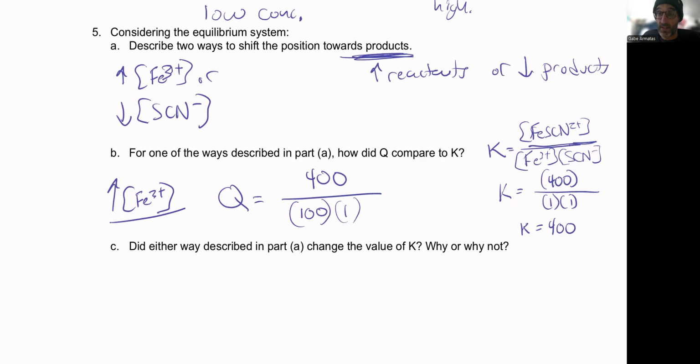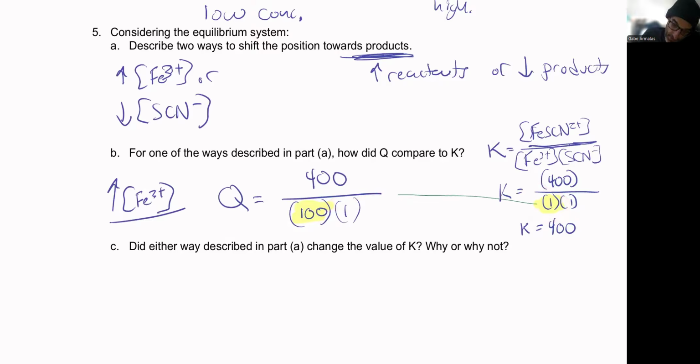I multiplied the concentration of iron by 100. So I go from a concentration of 1, because it was at equilibrium, and I can actually do it this way.